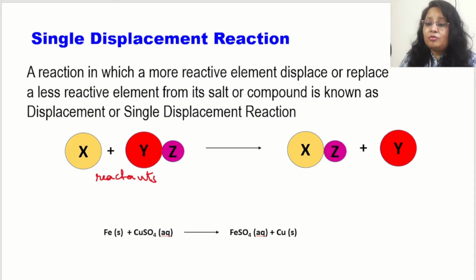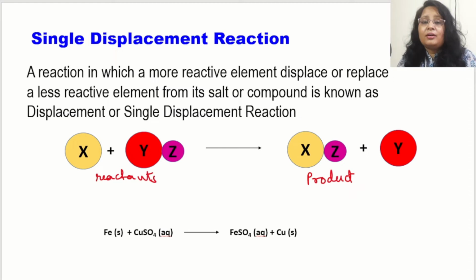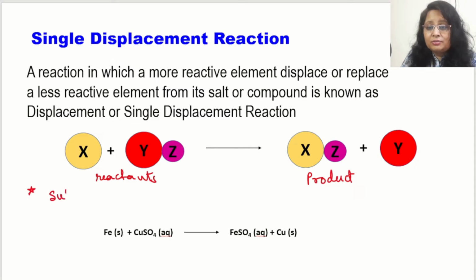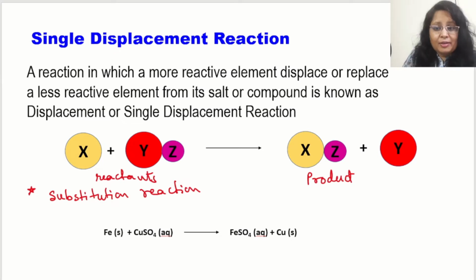So X moves to Y's place and makes XZ product, which is a single displacement product, and Y is left alone, displaced outside from the compound. This kind of reaction is also known as substitution reaction, that you will learn later in organic chemistry.